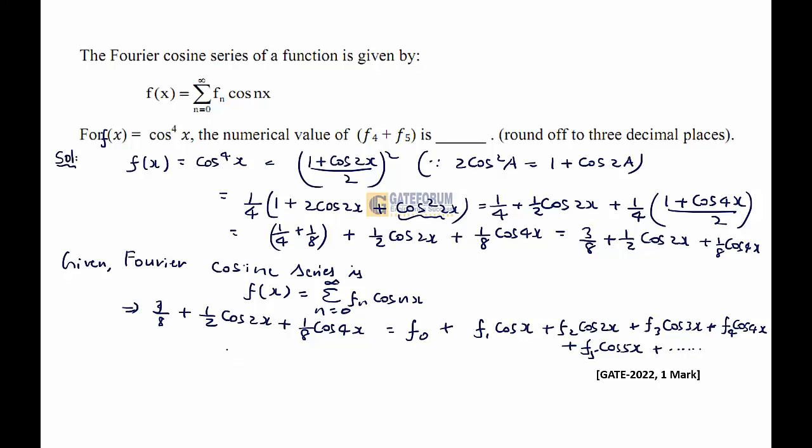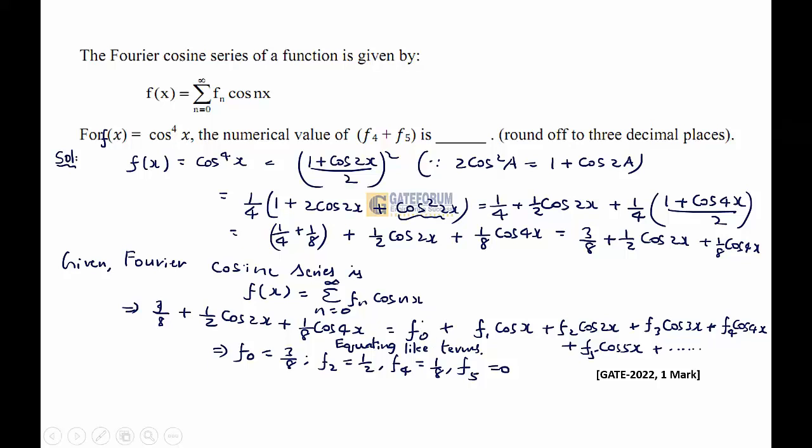So equating like terms implies the constant term f0 is equal to 3 by 8, f2 is equal to 1 by 2, f4 is equal to 1 by 8, f5 is equal to 0. On the left side there are no cos 5x terms. So equating like terms, that is, comparing the coefficients of cosine terms on both sides.